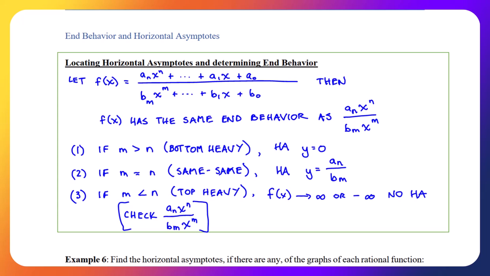Now there's an easy way to find the horizontal asymptotes of a rational function, a polynomial over a polynomial. Okay?